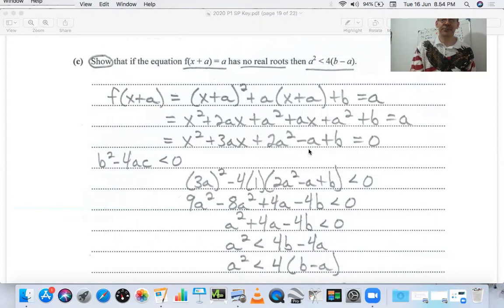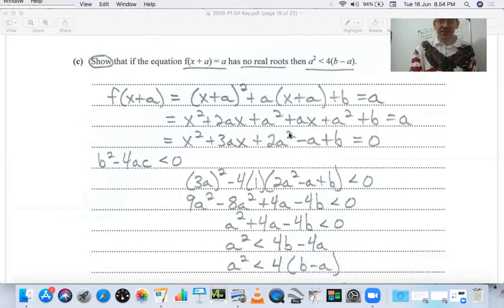Subtract this a from the other side, plus b equals 0. Now, remember, this is our x squared term, so it has an understood 1 as a coefficient. That's the a. Ax squared plus bx plus c equals 0. So the understood 1 is our a value on our quadratic. The b is a 3a, that's on our x term.